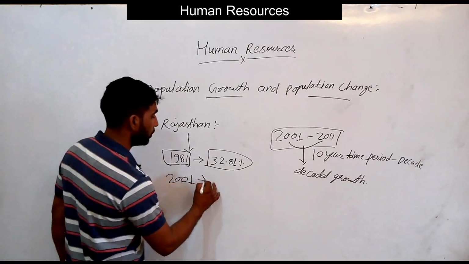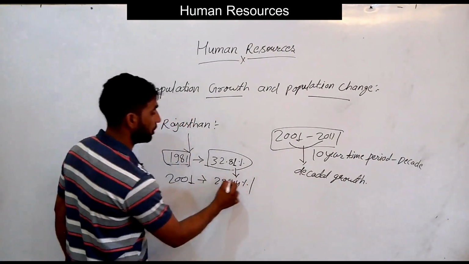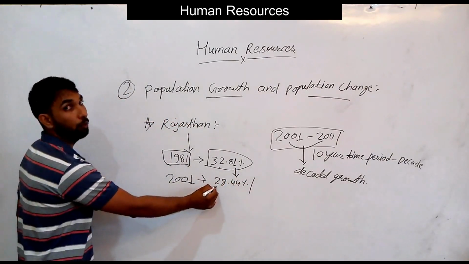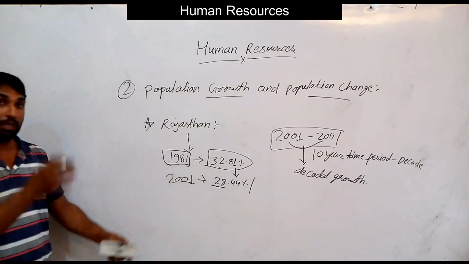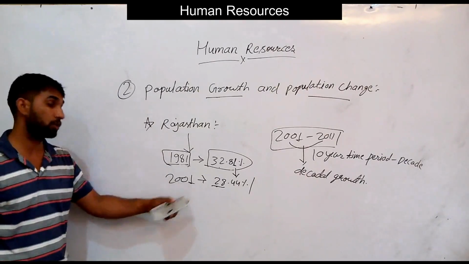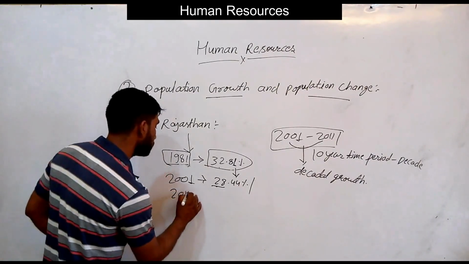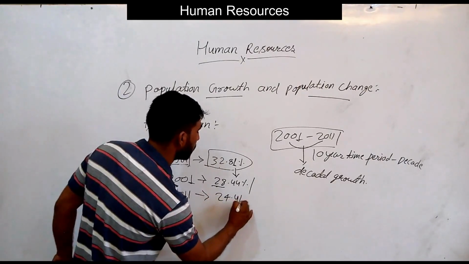In 2001 it was about 28%, so the growth rate of population in Rajasthan decreased. In 2011 it also decreased to 24.41%.